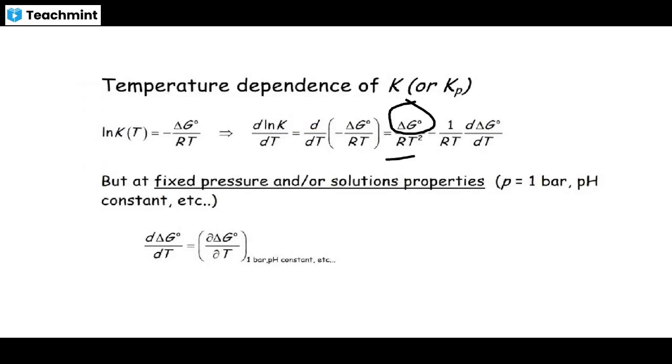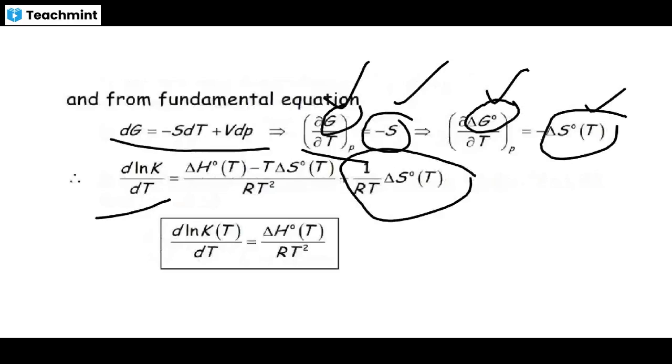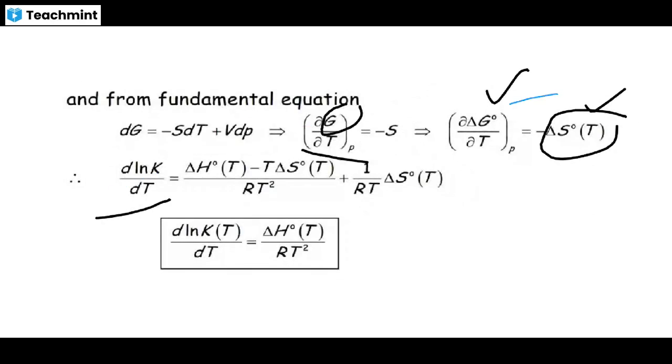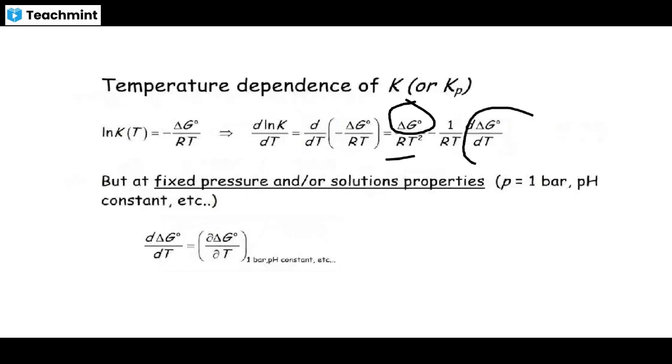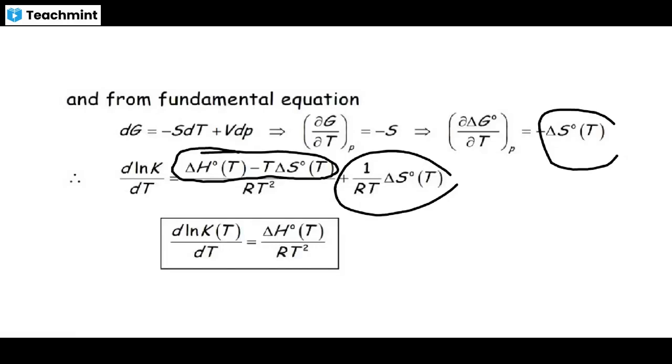Then they replaced delta G with delta H minus T delta S at the standard. Then replace d delta G by dT, which is nothing but delta S, so it becomes positive over RT. Then these two cancel out, because one is negative and one is positive, and you get the answer.